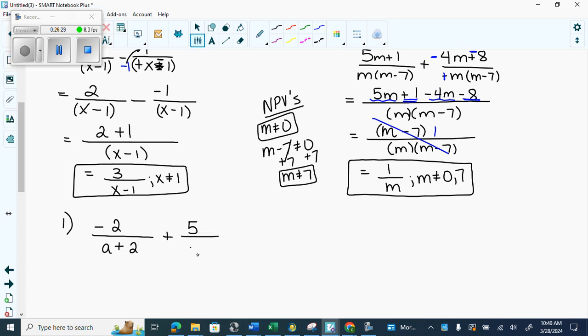Can I make a plus 2 and a minus 2 be the same? No, so I have to multiply them by each other, right?